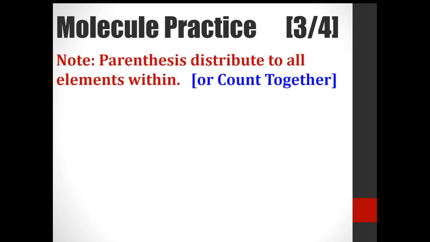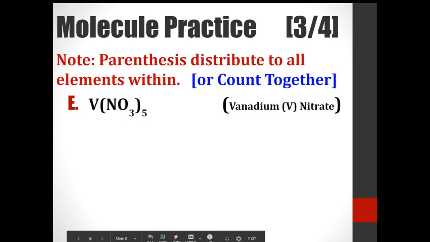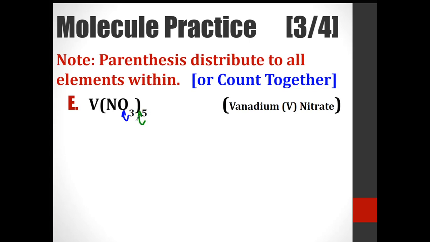All right, parentheses distribute, so make sure you count them together. In this vanadium 5 nitrate, we are dealing with our 3 only affecting this oxygen, but the 5 affects the parenthesis. And since it affects the parenthesis, that means it affects the oxygen and the nitrogen.